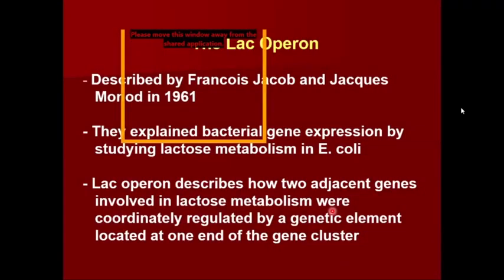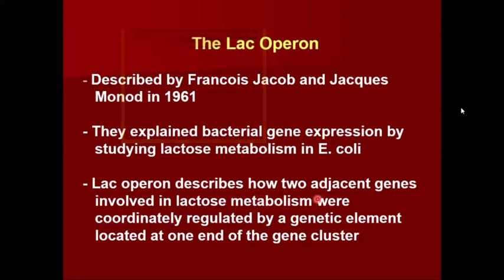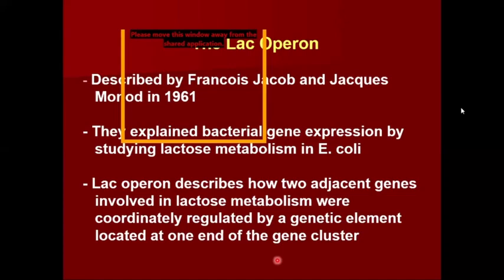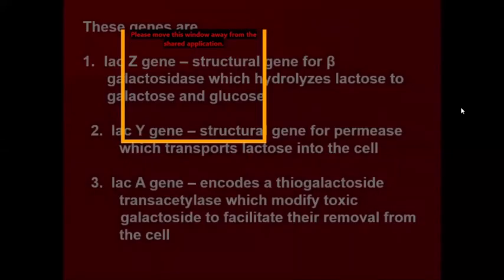Okay, let us discuss one, lac operon. These are the ones who discovered these two, Jacob and Monod. Lac operon describes how two adjacent genes involved in lactose metabolism were coordinately regulated by a genetic element located at one end of the gene cluster.